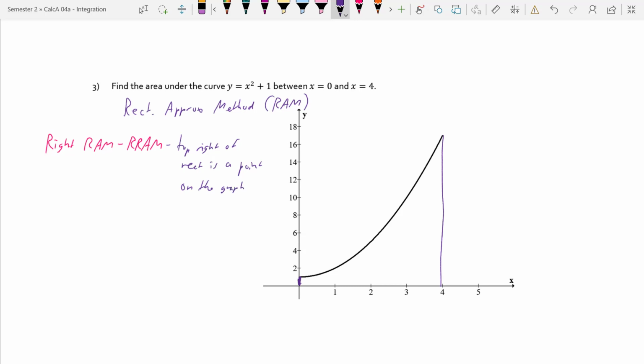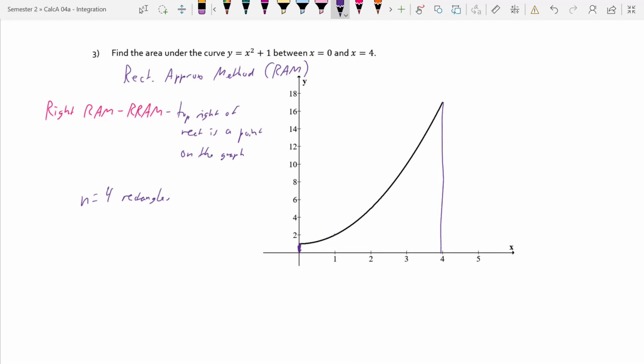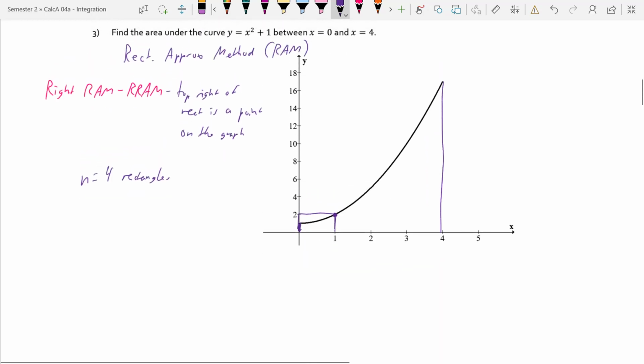So let's look at this, and we're going to do this with n equals 4 rectangles, because this region is split nicely into fourths. This is going to be my first rectangle right here. And you may say, well, my rectangle actually went above the curve. Well, that's okay. But notice how the top right of the rectangle is a point on the graph. That is my first rectangle.